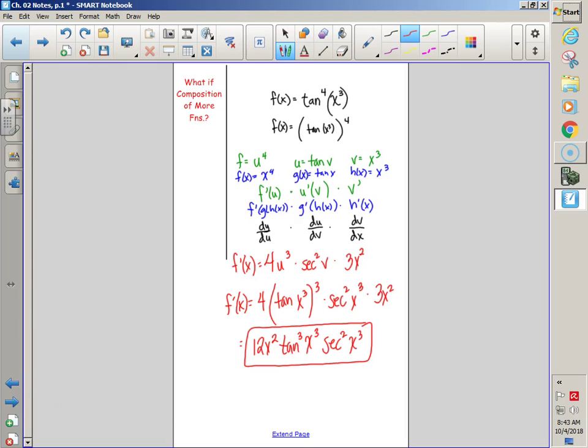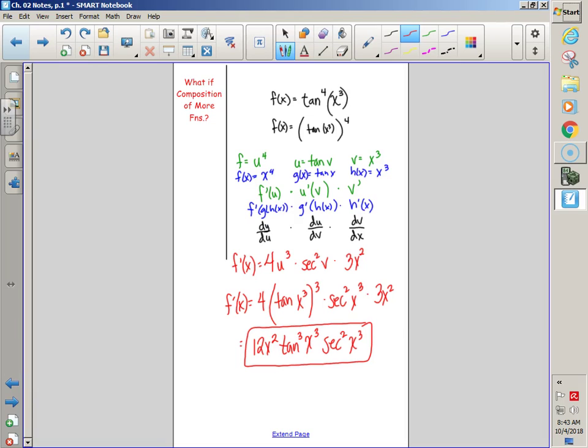Not, I rewrote the trig notation. Because proper trig notation doesn't list whole trig functions raised to powers like this. Trig notation says we'll call that tangent to the 4th of x cubed every time. So how we had to start the problem is where we had to finish with simplifying the answer.